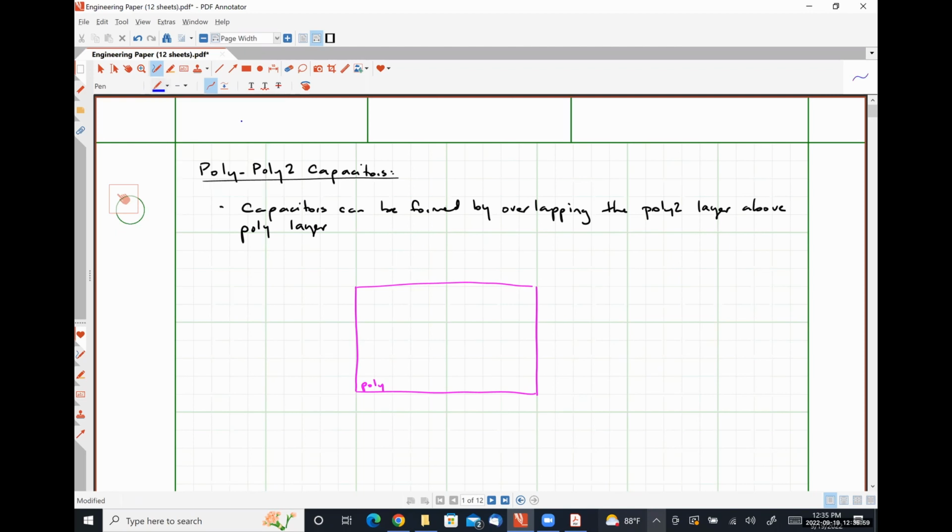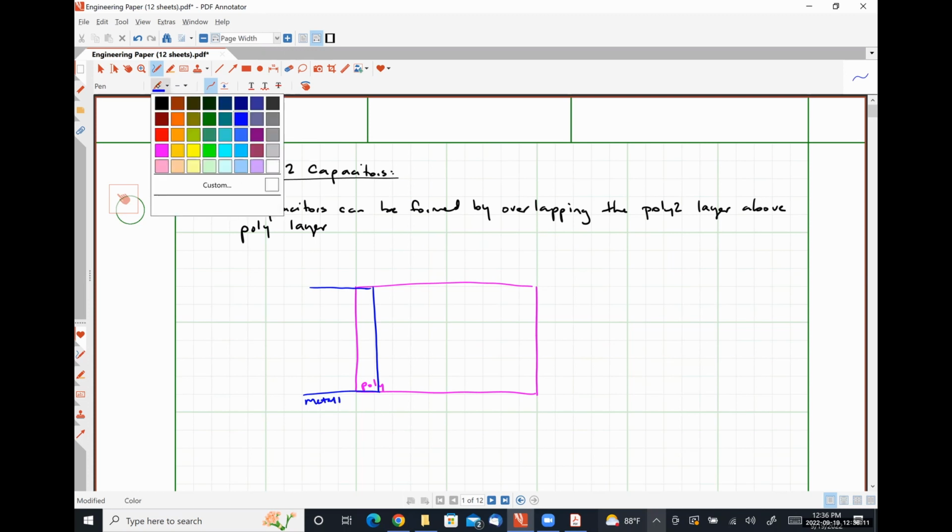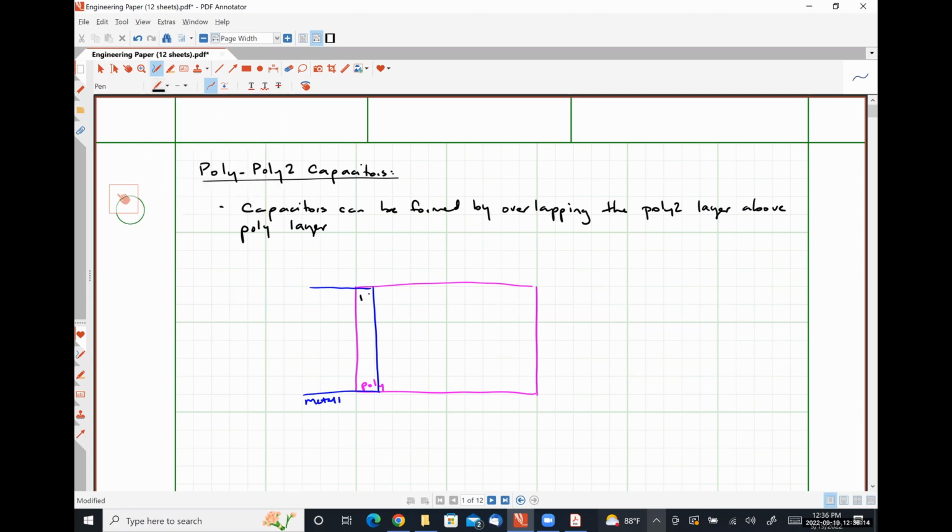There would be a run of metal, which is going to serve as our electrode. So this blue is metal 1. And then we would have contacts, which would allow the metal to make electrical contact with the poly layer.